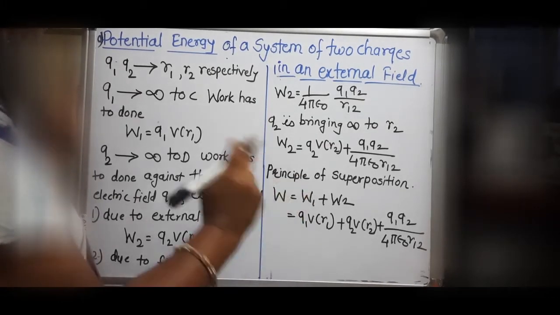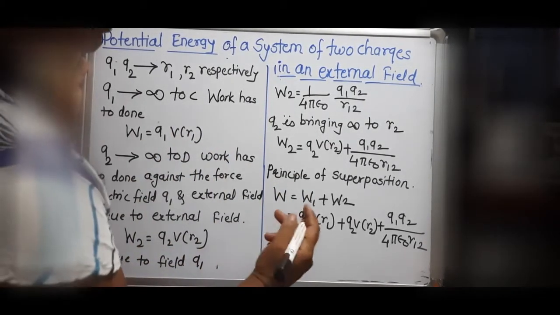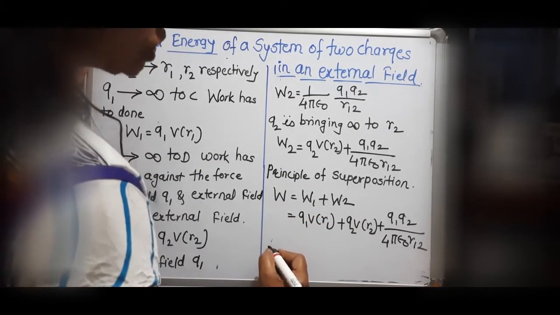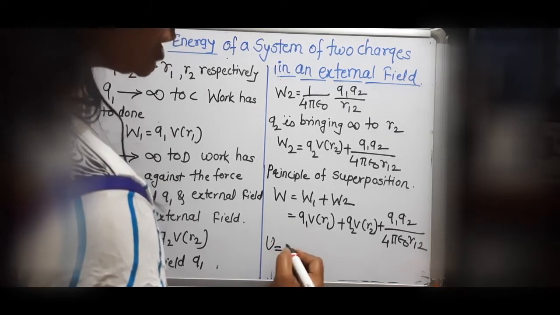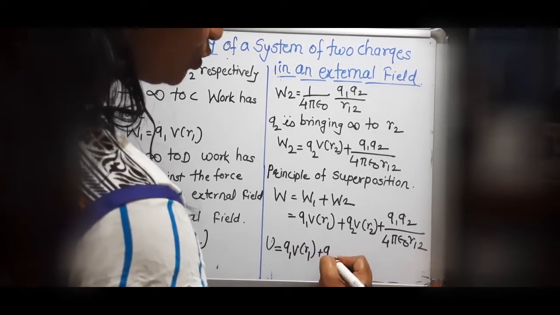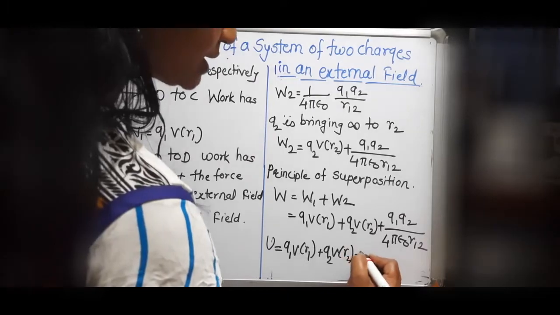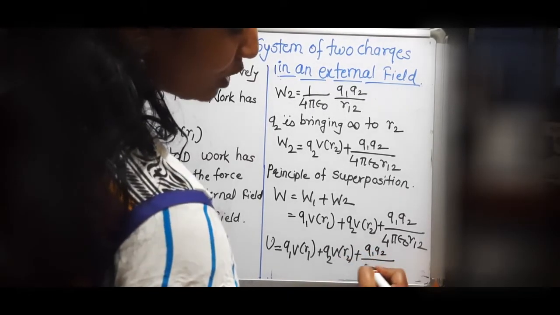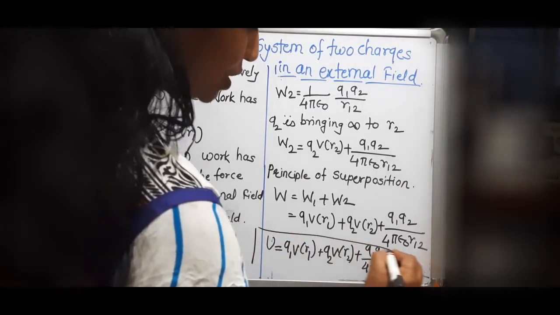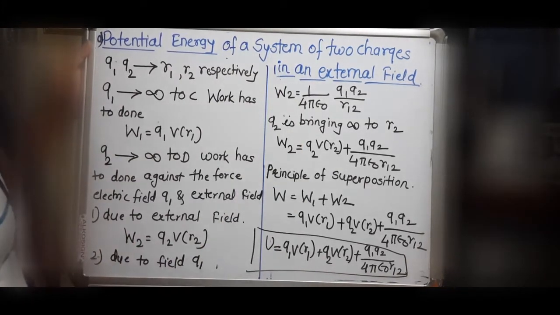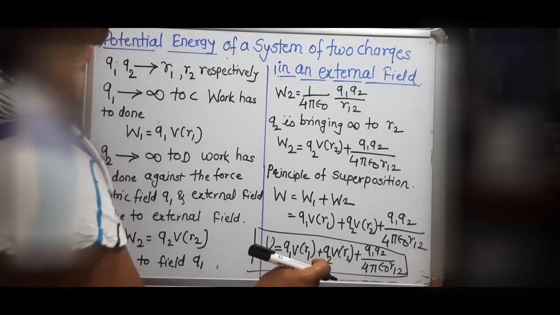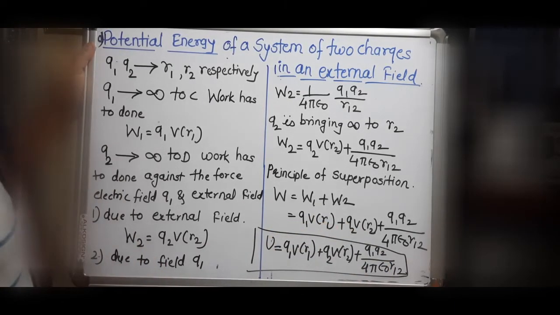This is the total work done, and this work done is stored in the form of potential energy. So the potential energy formula is Q1 V(R1) plus Q2 V(R2) plus Q1 Q2 upon 4 pi epsilon 0 R12. This is the potential energy of a system of two charges placed in an external field.